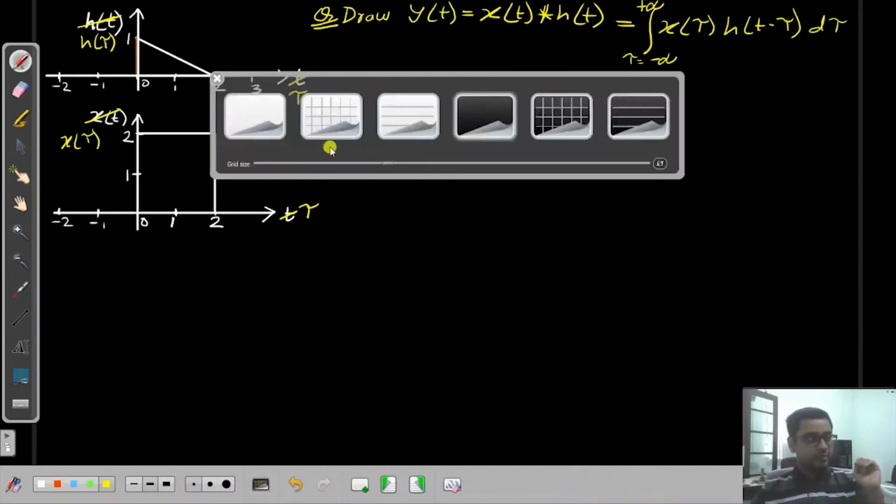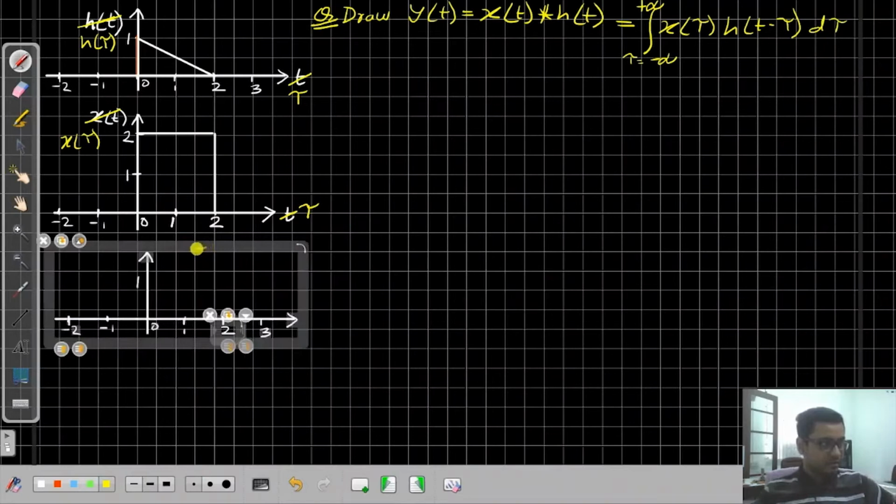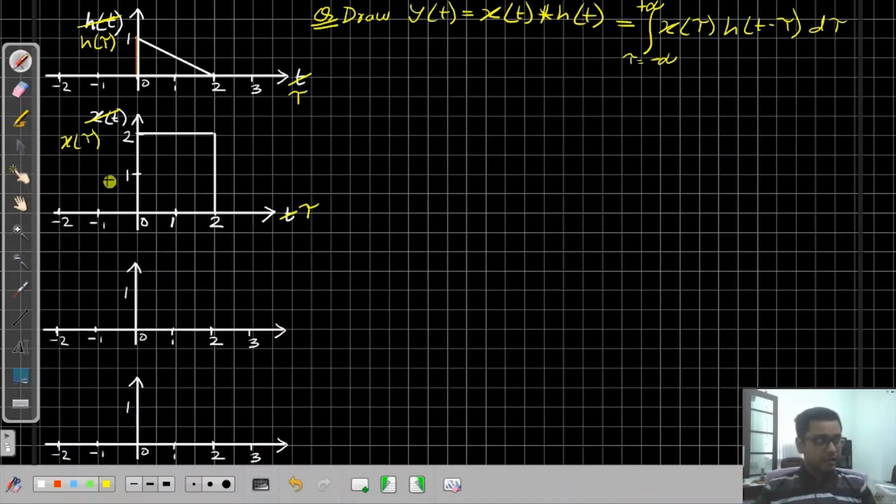Okay, for that let me take a graph paper. We shall first draw h of minus tau from h of tau, and after that we shall draw h of t minus tau. This is a time reversal of this signal, and then this will be a time shifting.